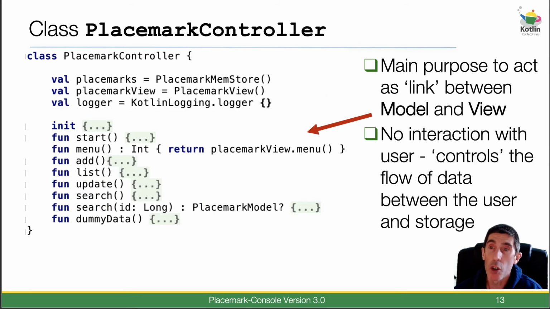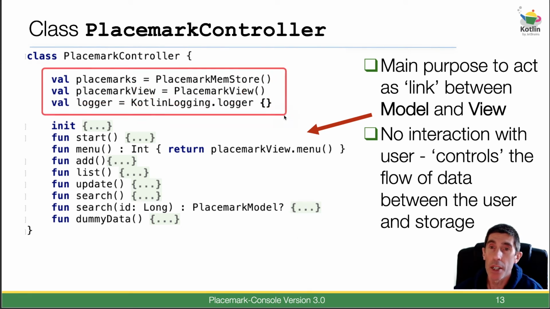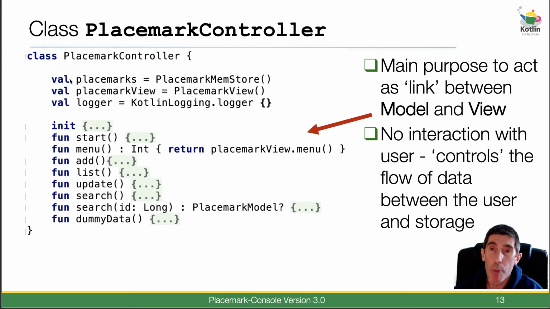In terms of our controller, this is part of our MVC, our model view controller pattern. We have our class placemark controller, which if we look at the top here, does a couple of things. We are declaring a placemarks reference, which is an instance of our placemark mem store.